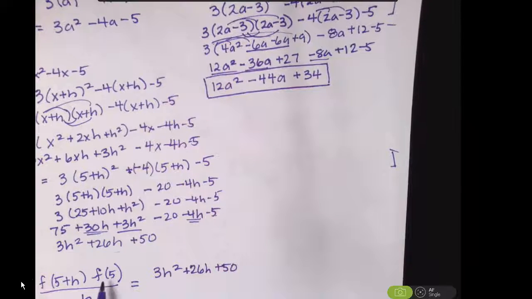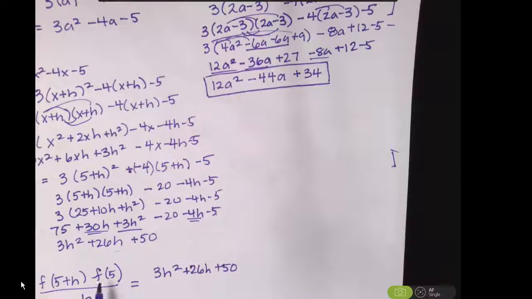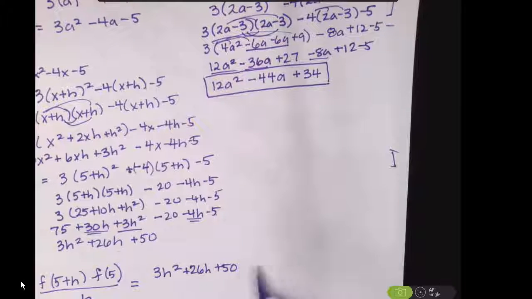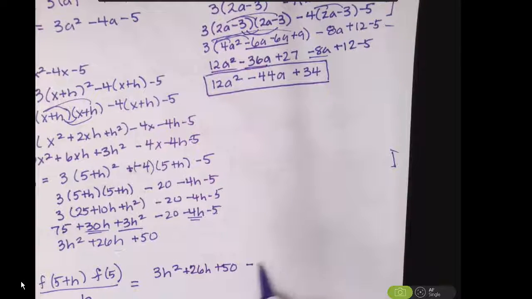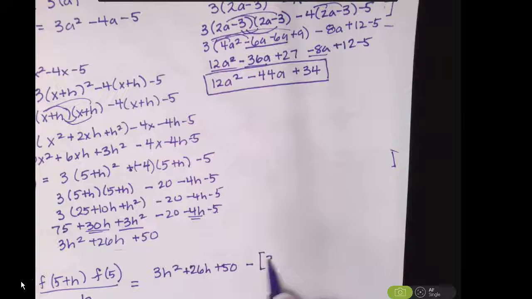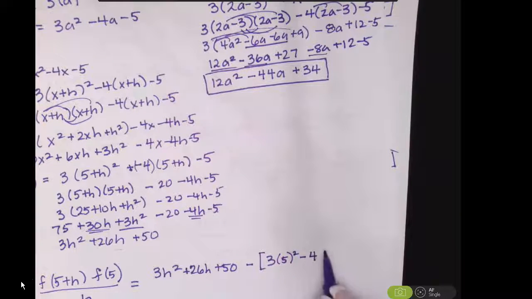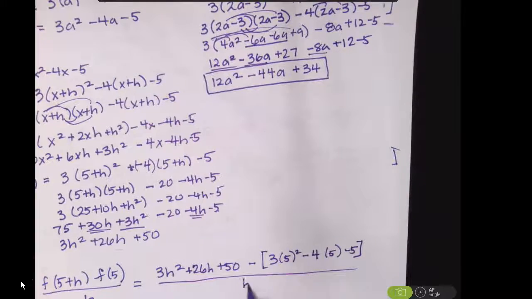Then f of 5, well, I didn't work that one out, so minus f of 5, so I'm going to go 3 times 5 squared minus 4 times 5 minus 5, all this stuff over h.